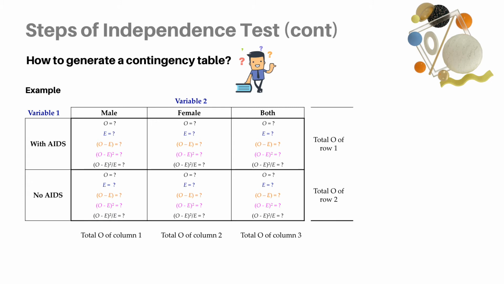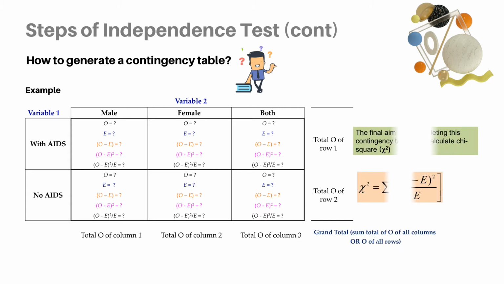And also we have to find out the values of E and the values of (O minus E) squared divided by E. Because at the end, we have to solve this equation whereby the chi-square is the summation of (O minus E) squared divided by E.